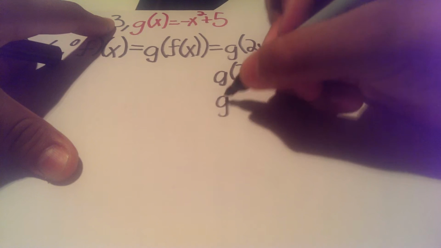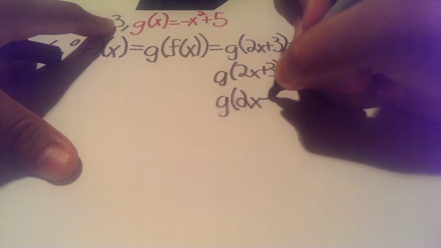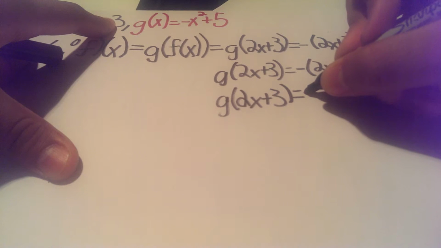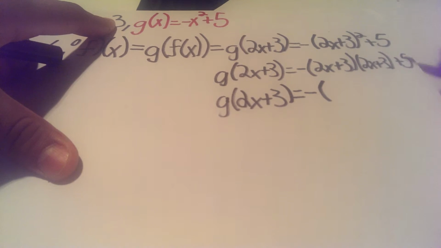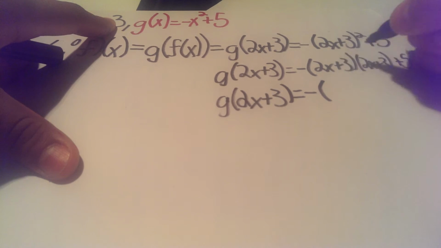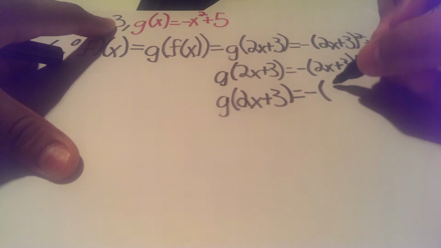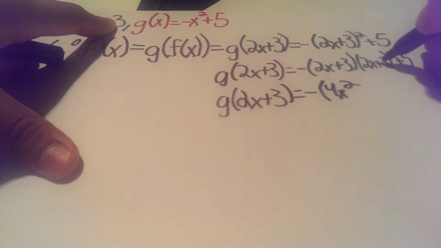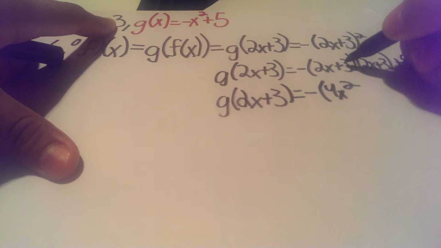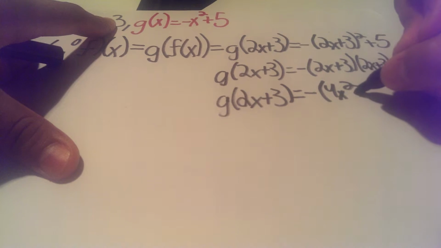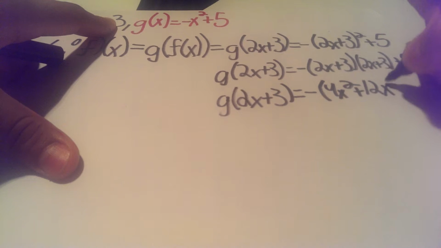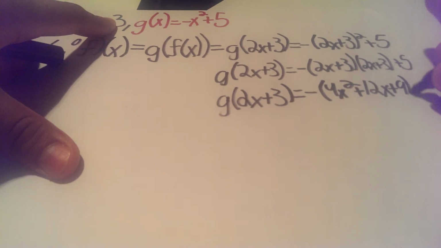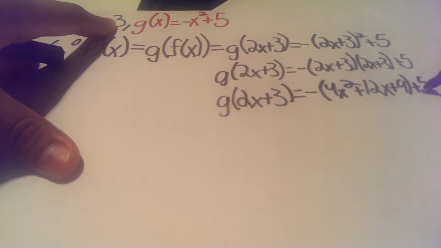So g of 2x plus 3 will equal negative, start multiplying, so it's 4x squared, plus 6x, the next one is plus 6x, so it's plus 12x, and then multiply these, which is plus 9 plus 5.